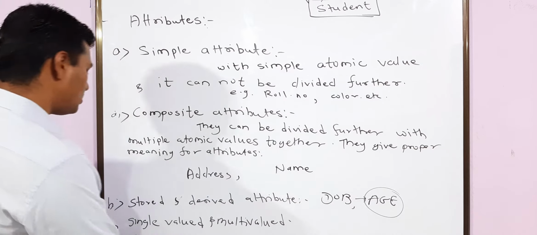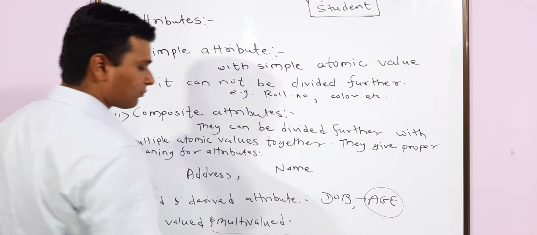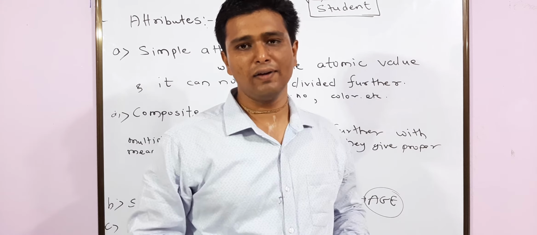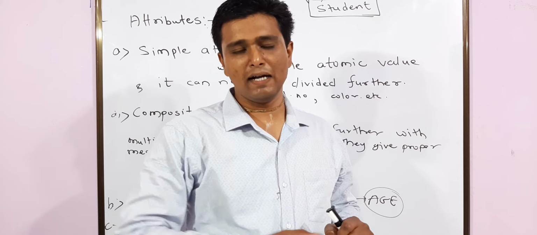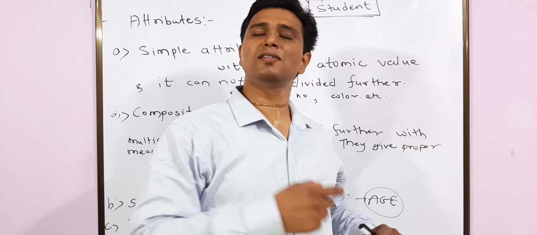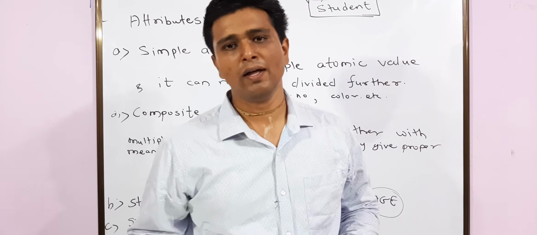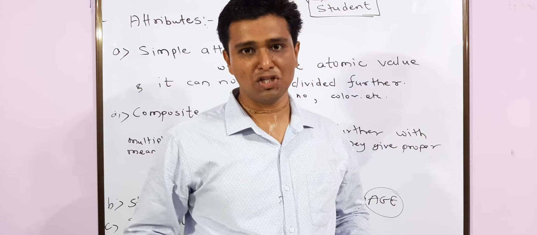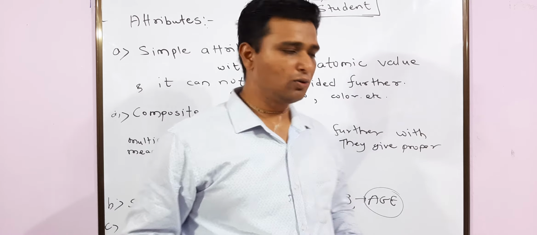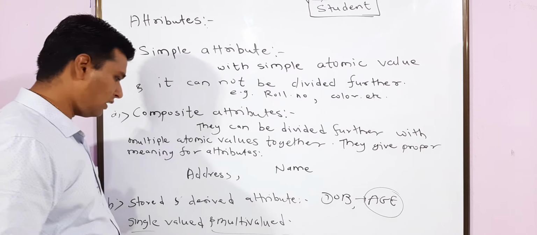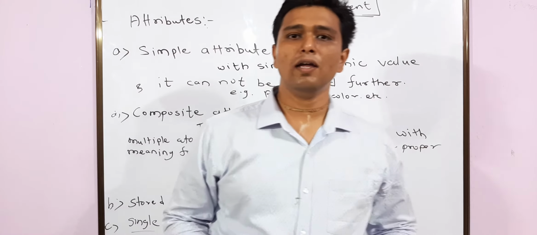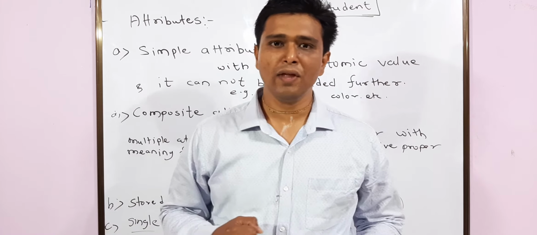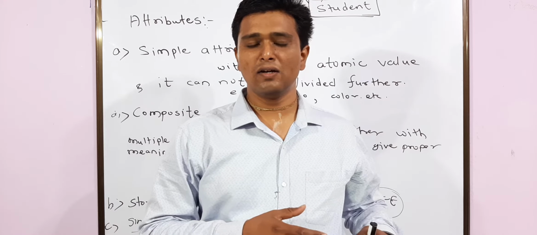Now we will study single valued and multi-valued attributes. Email ID: one person may have multiple email IDs, like all of us have. So email ID is a multi-valued attribute. Roll number sometimes will be single valued, sometimes multi-valued. Suppose I am giving multiple examinations, then my roll number changes again. So roll number can change also. For single valued examples, take our Aadhaar card or passport.